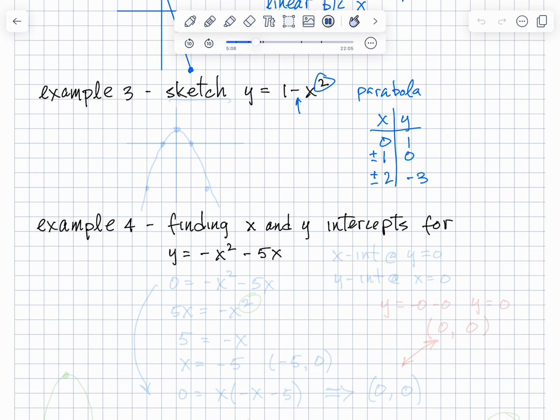So let's go ahead and make our coordinate system. And let's put it right here, that'll work. So (0, 1), (plus or minus 1, 0), (plus or minus 2, -3).